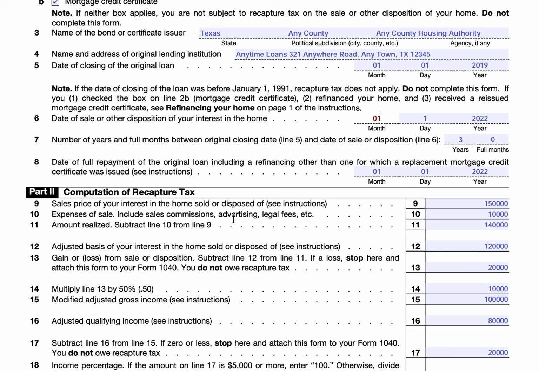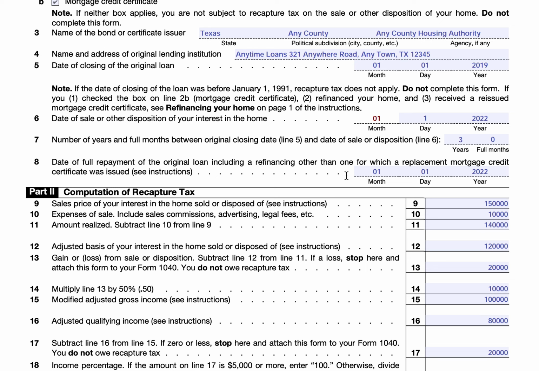So we'll walk through this and just understand that the numbers are for illustration purposes only, but you're going to be getting key pieces of this information from either your closing documents or the certificate or the notification that came with your subsidy.